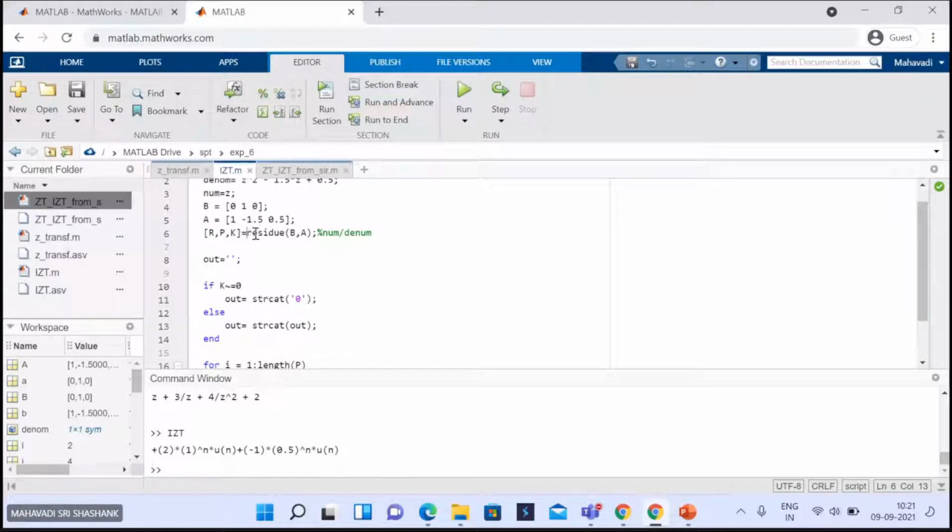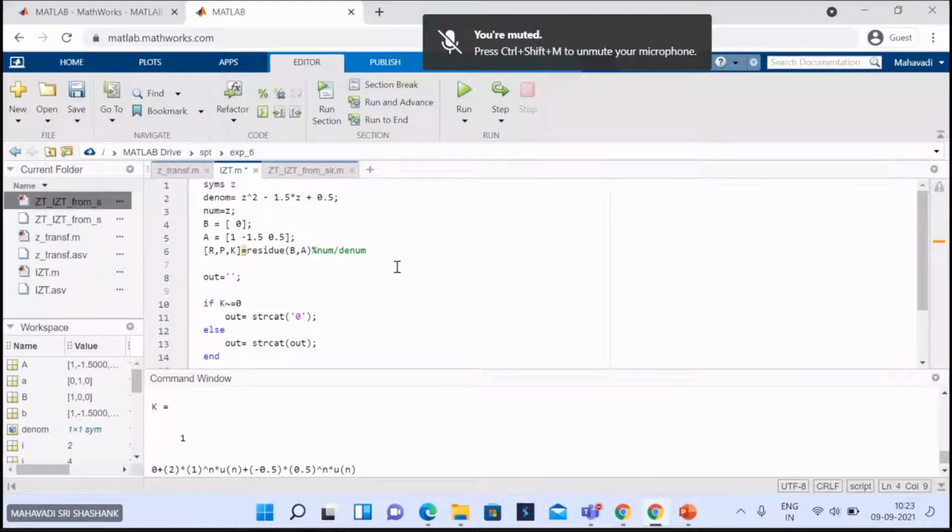Using the residue function, we can find the residues. But what I am telling you is, suppose one function is given, it has some numerator and denominator expressions with powers of z. But in MATLAB that is given in the form of an array, which is actually the coefficients of z. So how to give those coefficients of z, that I am telling you.